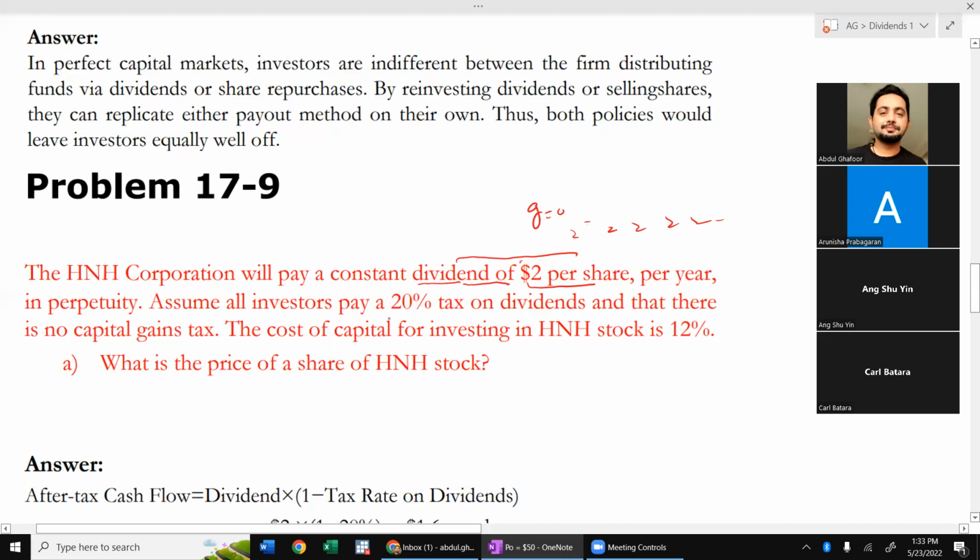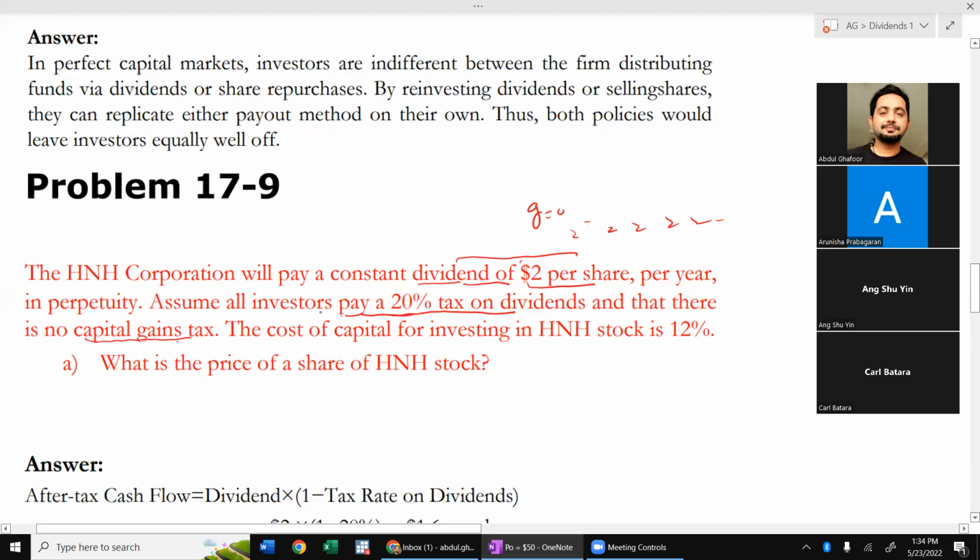Assume all investors pay a 20% tax on dividends, and there is no capital gain tax. In other words, there is taxation on cash dividends, but there is no taxation when the company does a share repurchase. So the market is perfect for the share repurchase, but imperfect when the company pays taxes on the cash dividend.